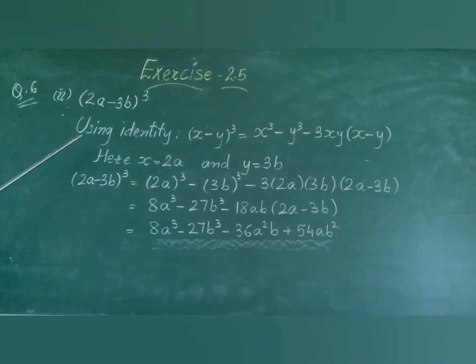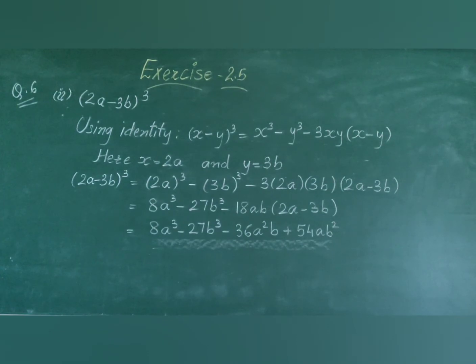Now when we compare the values of the given question with the identity, we can see that here x is given as 2a and y is given as 3b. Inserting the values in the identity, we get (2a - 3b) whole cube = (2a) whole cube - (3b) whole cube - 3 into 2a into 3b into (2a - 3b).